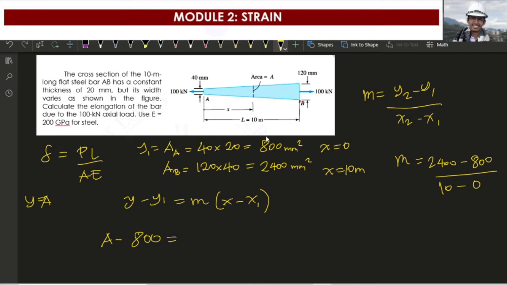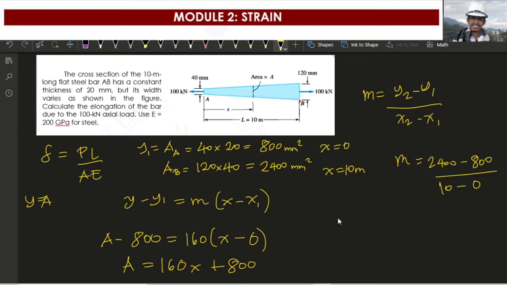That is equal to 160 times x minus our x sub 1, that is 0. Okay? So actually yung ating equation, i-simplify lang natin, ialisin natin yung area, iwan natin yung area dito sa left side. So that will be equal to 160x plus 800. Okay? So ito yung magiging equation natin.